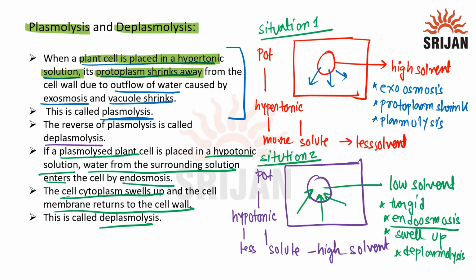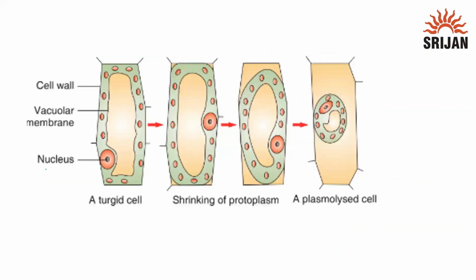Okay, now this condition has been understood. See the first scenario: this is a turgid cell. The turgid cell is placed in a hypertonic medium.